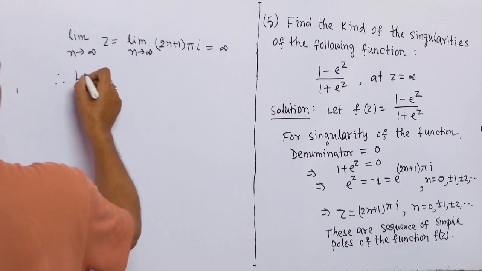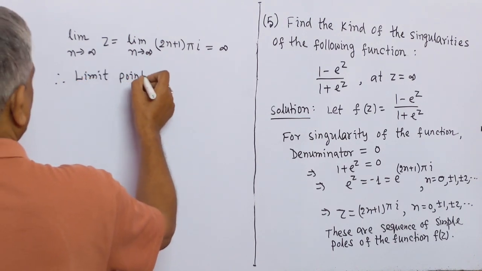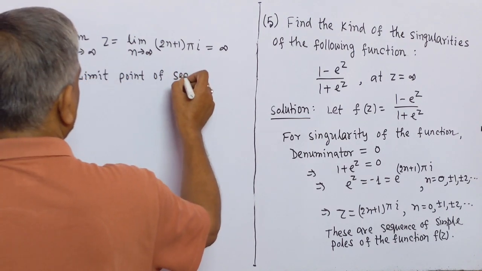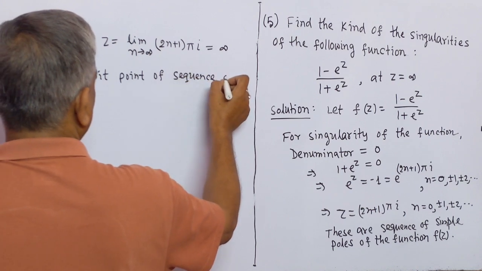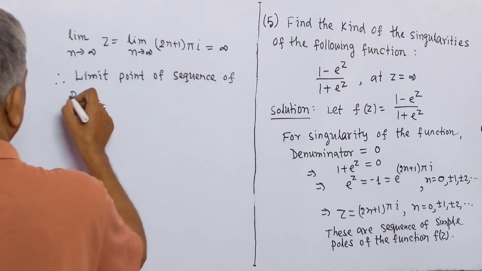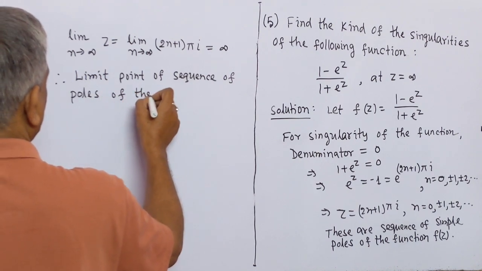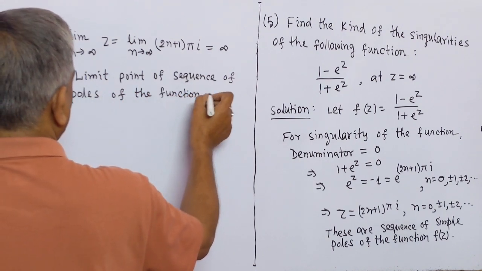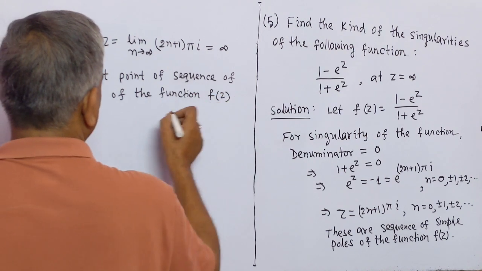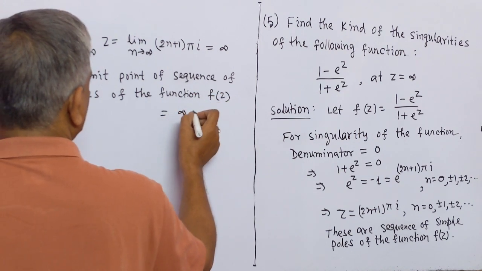Therefore, the limit point of the sequence of poles of the function f(z) equal to infinity.